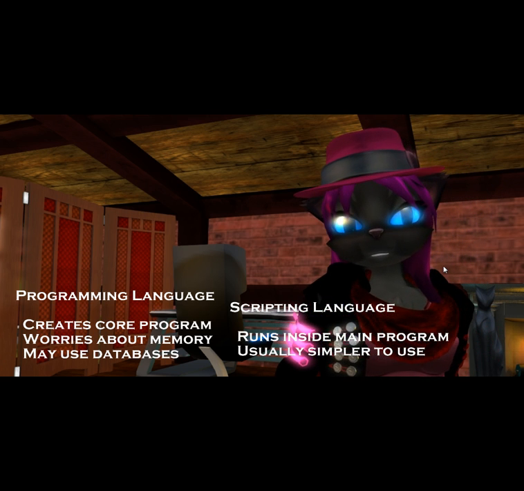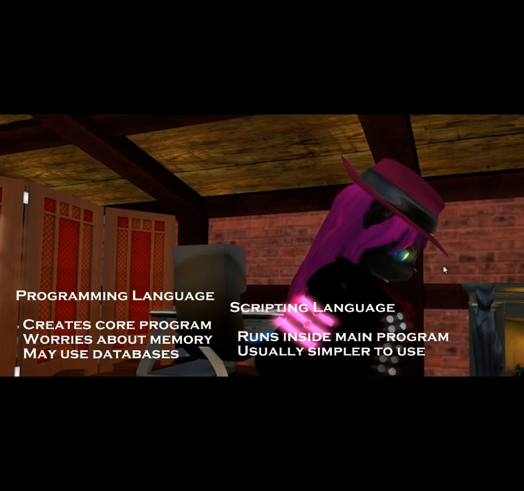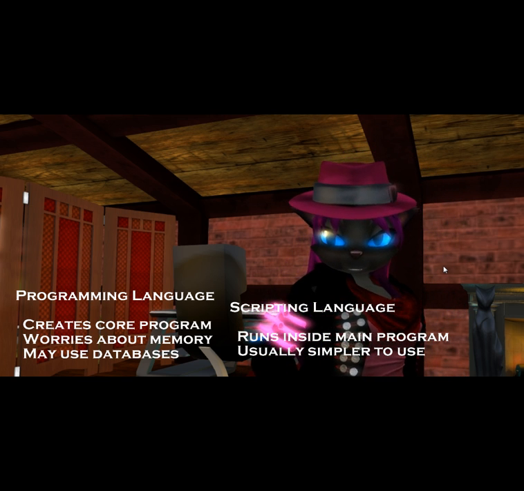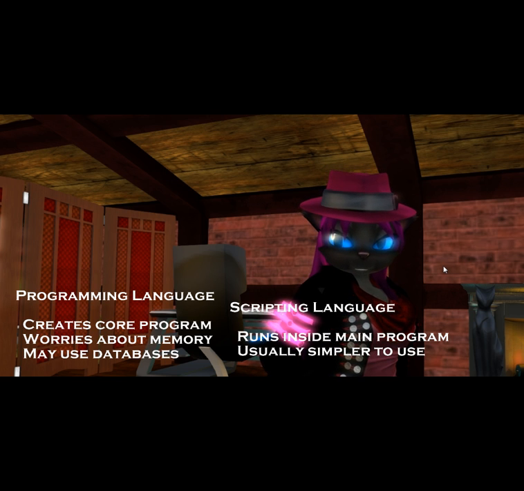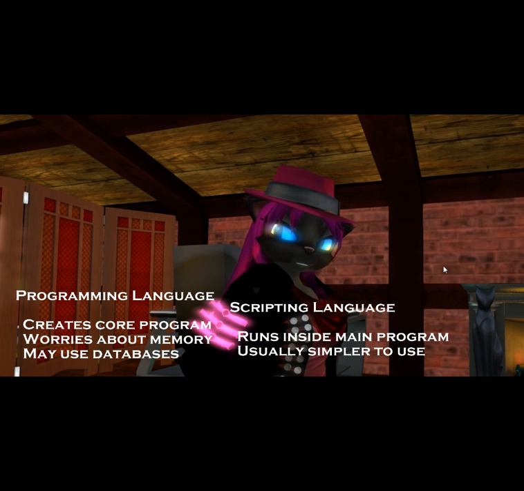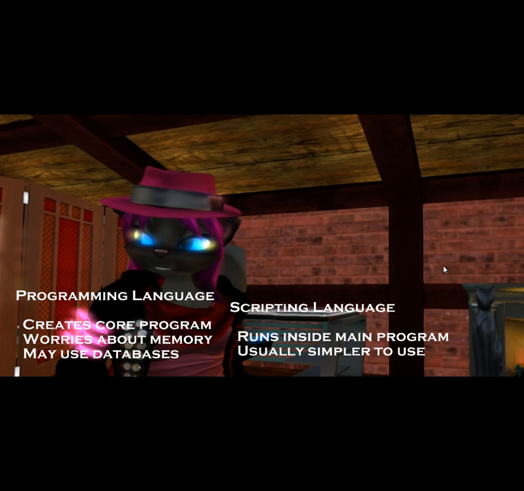Whereas a script runs inside the main program. So, for example, a game would be written with a programming language, but the behavior of a character, of an object, or a special ability inside that game would likely be written with a script.